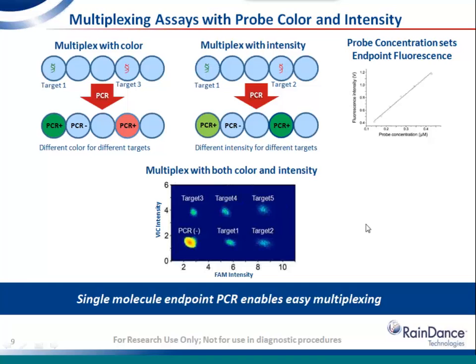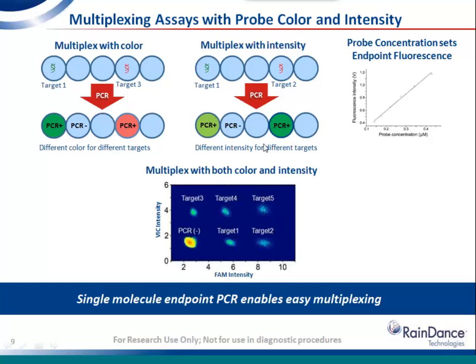But because the format is single molecule and the PCR is done to endpoint, you can also see 2 different targets using a single color by titrating the amount of probe that you pipette into the well. So for target number 1, a FAM-based probe was used at 1 concentration, let's say 25 nanomolar, and for target number 2, a FAM-based probe was used at, let's say, 50 nanomolar.